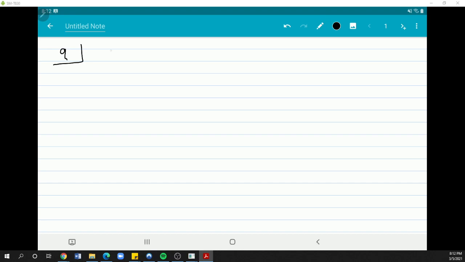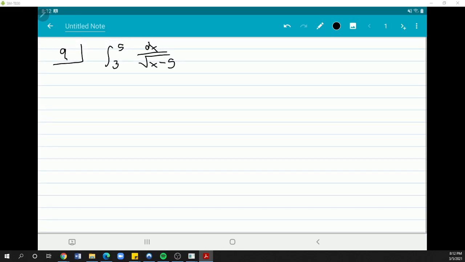So 9, let's start with the integral from 3 to 5 of dx over root x minus 3.